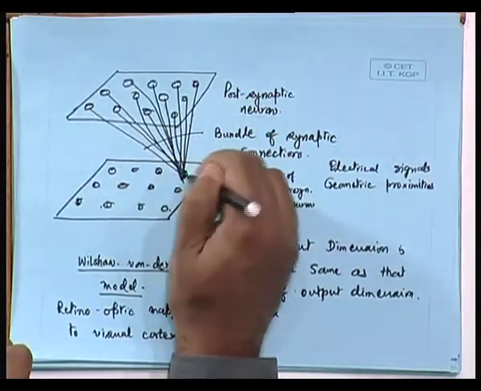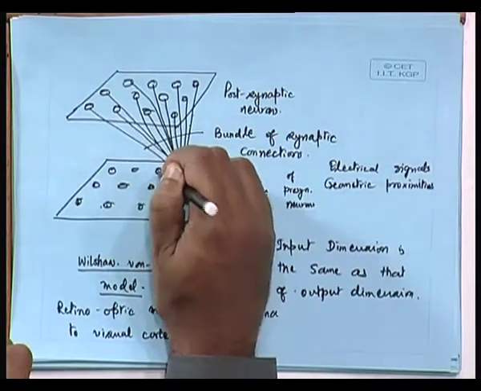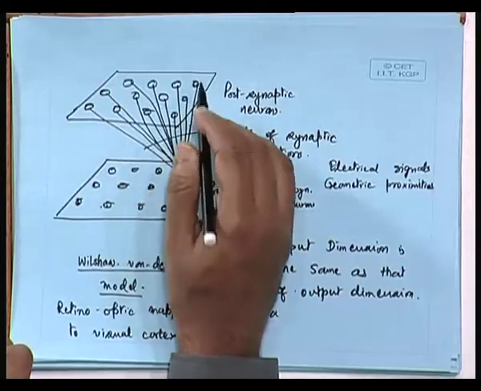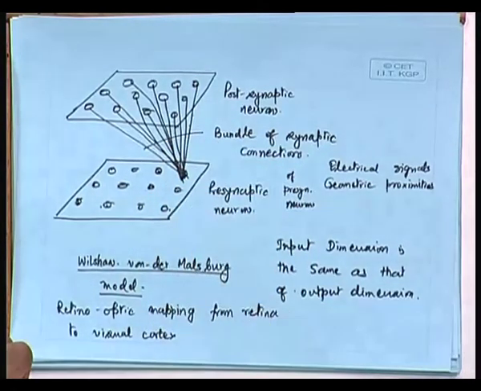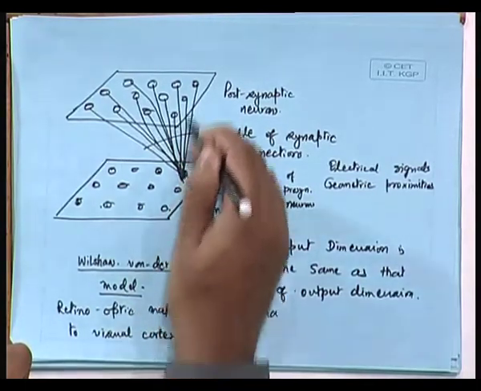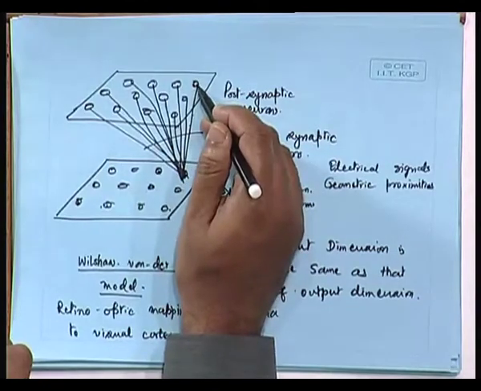So, if this signal is strong, even this signal is going to be strong, so that ultimately, spatially, it will enhance those neurons which are in a similar spatial location.